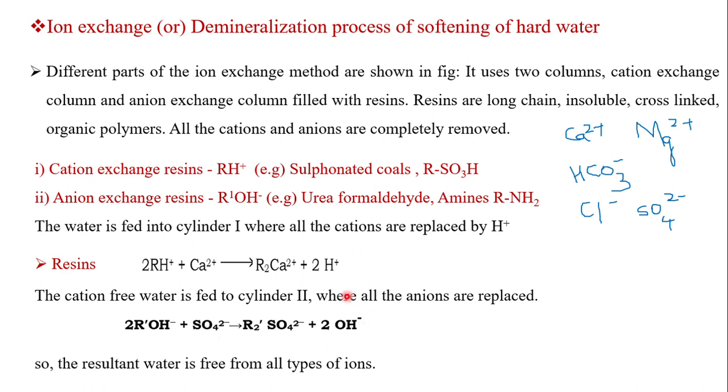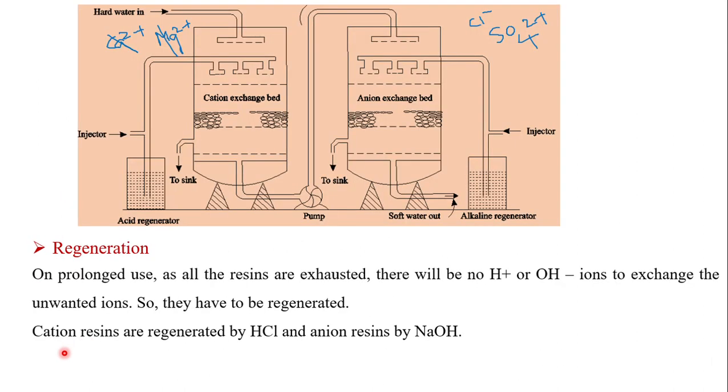H plus and OH minus is nothing but H2O. So the water is completely free from the anions causing the hardness. That's how it is possible to soften the hard water.